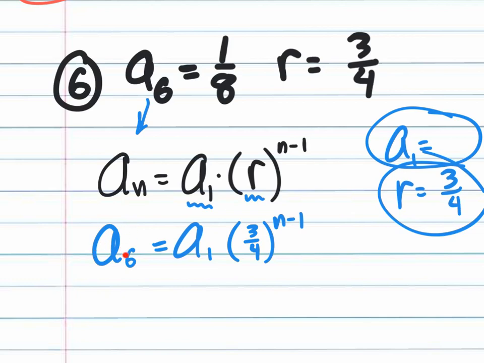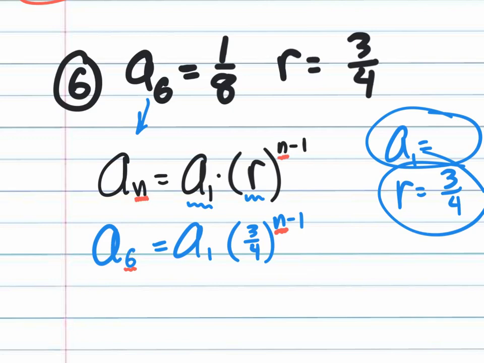Well, I will put a 1/8 right here because a sub 6 really is 1/8. But the reason why I put the a sub 6 in place of a sub n is so that it'll be crystal clear that I replaced this n with this number 6, okay? Which in turn is going to replace this n up here, actually this n down here, with that 6.